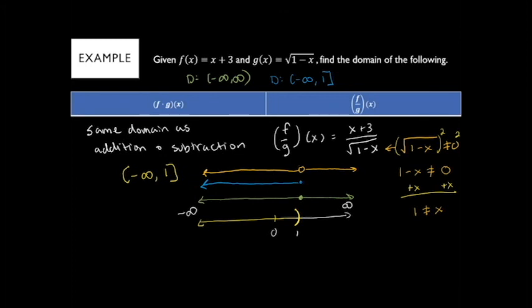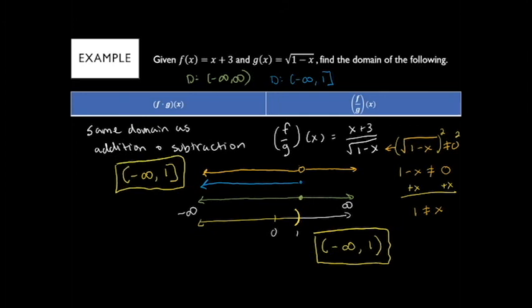So this means our domain for our division is negative infinity to 1, but with a parenthesis instead of a bracket. And so it's almost the same as the domain of the other ones, but because we had to worry about the denominator, that changed the domain, because we had to make sure that we didn't plug in anything that makes it 0.